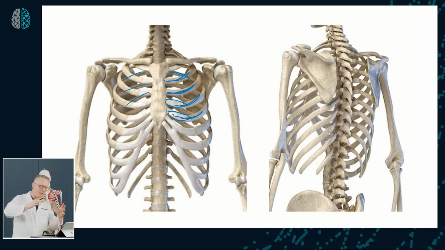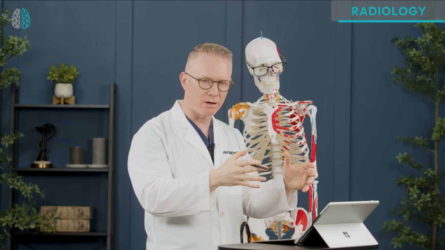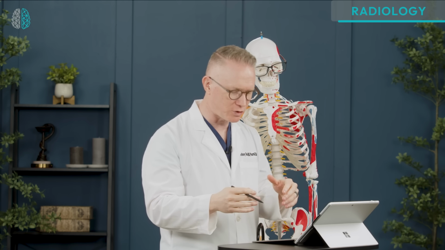Rotating the image around, you can see that these ribs are attached to the vertebrae of the thoracic spine, all right? And so you have to be able to identify not only those vertebral bodies on the x-ray, but then the attachment that gets you oriented so that you know you're picking the posterior versus the anterior. It's very easy to get those two mixed up for sure, okay?